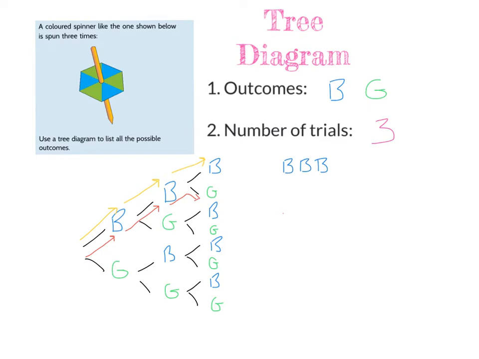So our combination would then be blue, blue, and green. Let's see if you can finish off the rest of the outcomes. And here we have our list of outcomes based on our tree diagram.